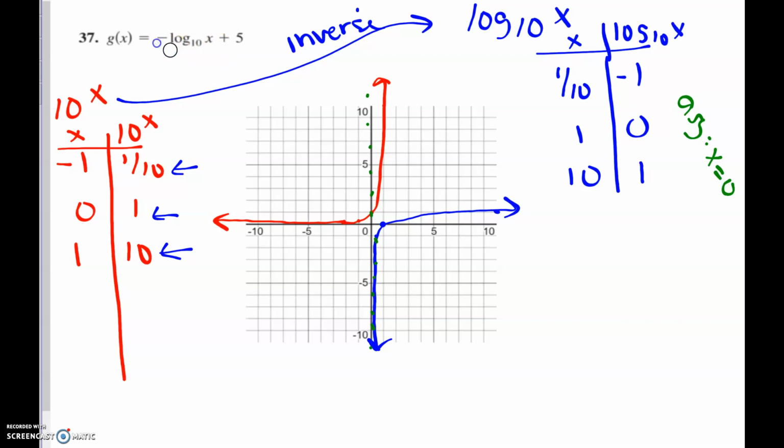In our equation for number 37, right here, we have two things going on. We have a -1 on the outside and +5. The -1 on the outside is changing the y values of your logarithm graph. So those y values are being multiplied by -1, so it is a reflection across the x-axis.